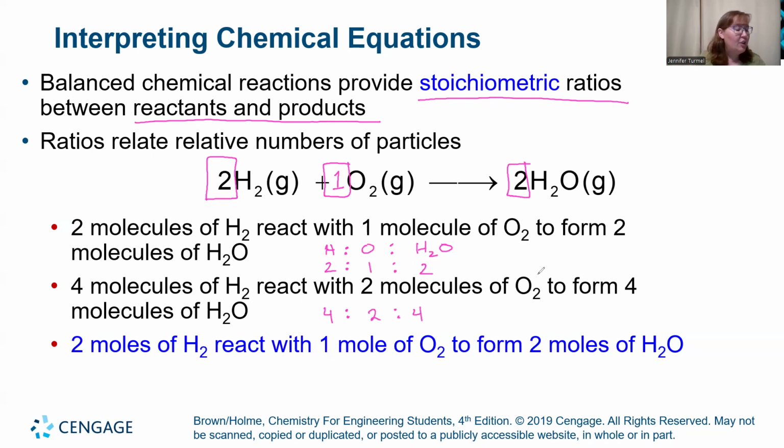So interestingly enough, you could go super crazy and say, since it's 2 hydrogens to 1 oxygen, to 2 waters, and actually this should be an H2 and an O2, to 2 waters.